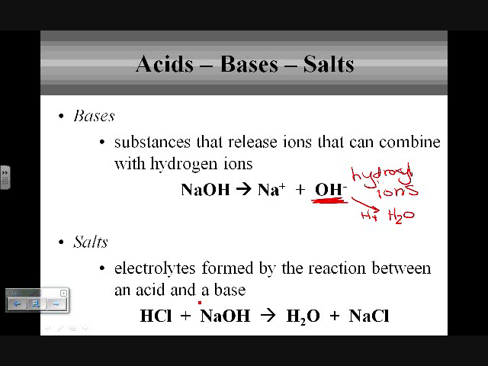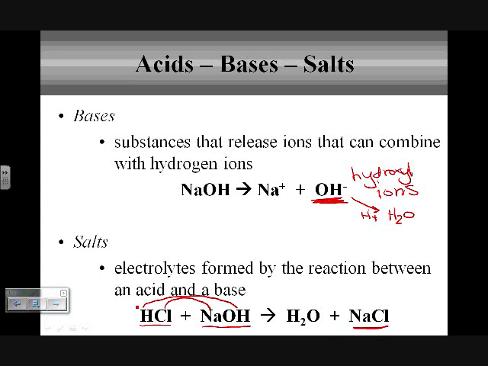And then we have salts. Salts are created when an acid, for example hydrochloric acid, and a base, sodium hydroxide, combine. The substances recombine, and what you get is water, like I talked about, and that salt.